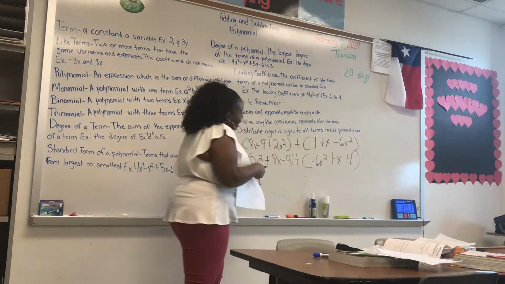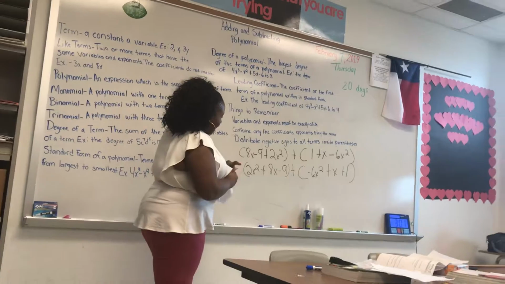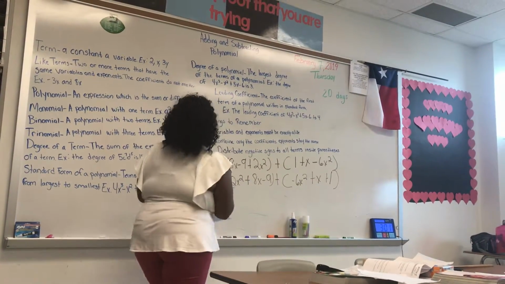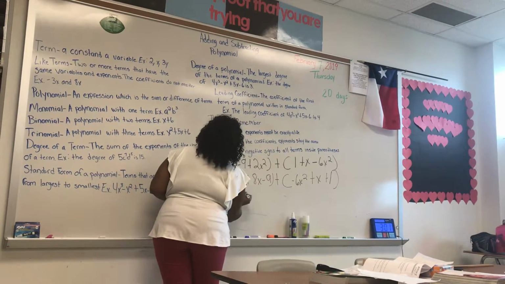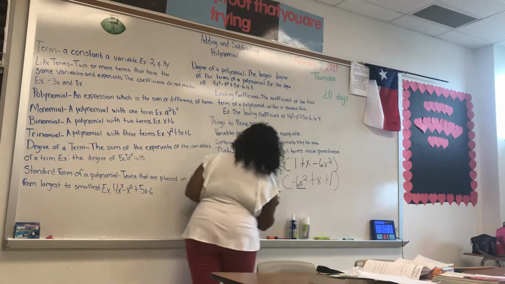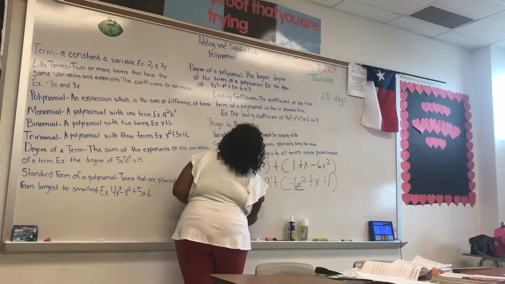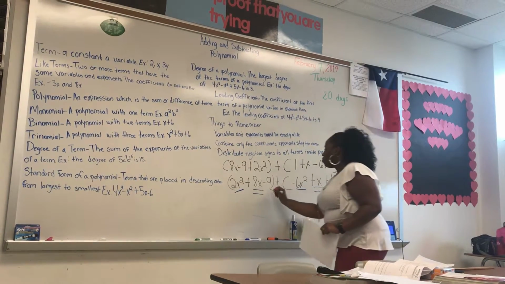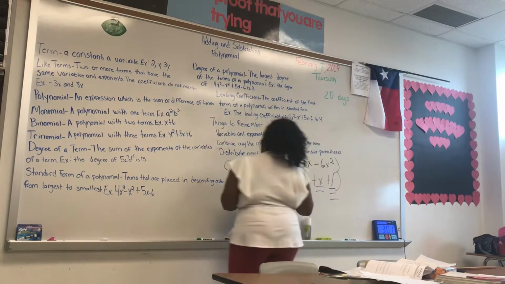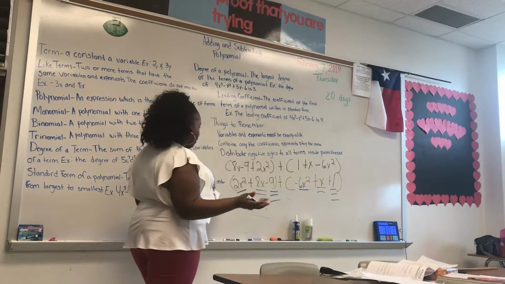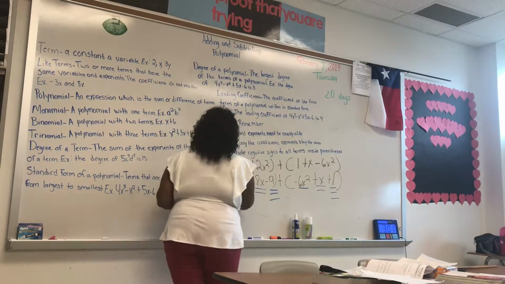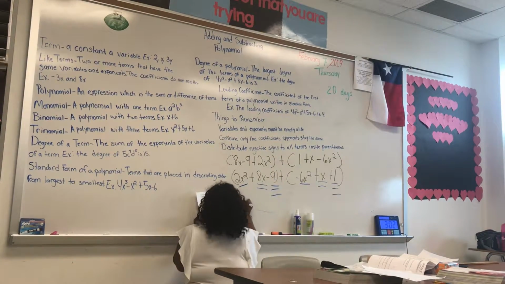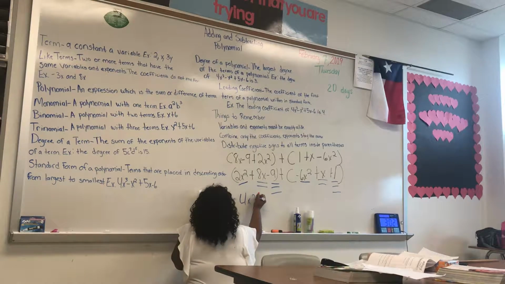All right, so then I'm going to look at my like terms, and I'm going to do my underlining. This helps me. You don't have to do it this way, but I do. Then I'm just going to do like we did before. I'm going to take 2x squared minus 6x squared, and that's going to become 4x squared.